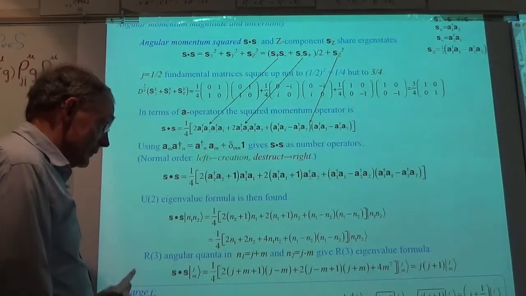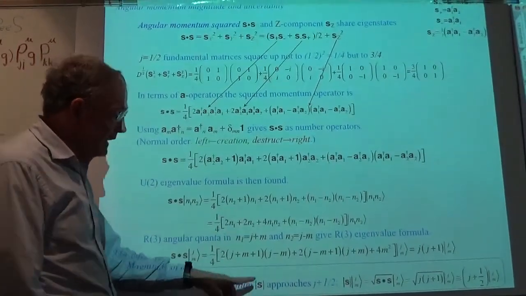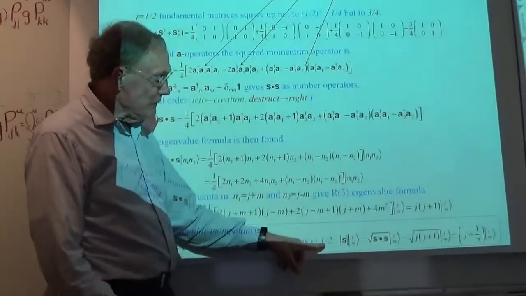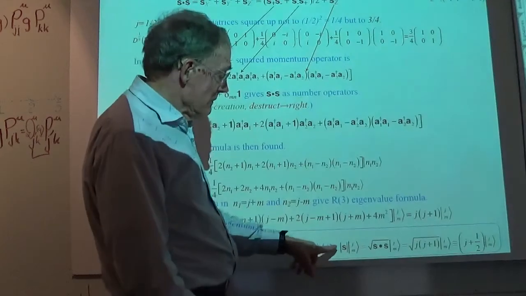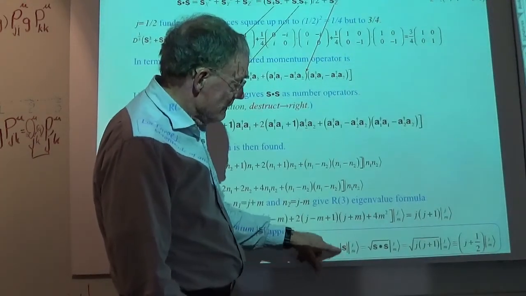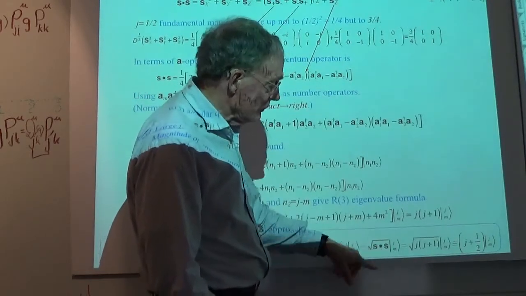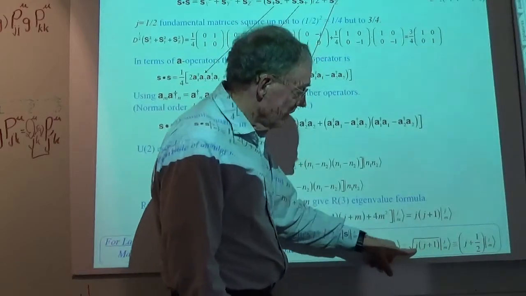And this is interesting: for large J, the magnitude of an angular momentum approaches J plus 1/2. What I'm talking about is the magnitude of S squared, that's the positive square root of S squared, this J plus 1 square rooted.